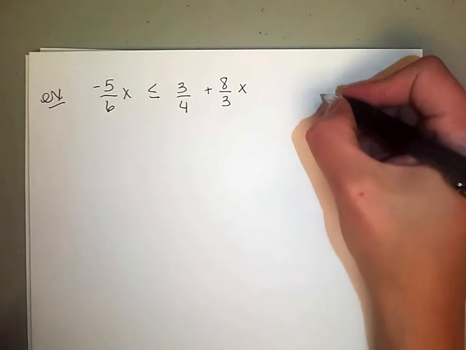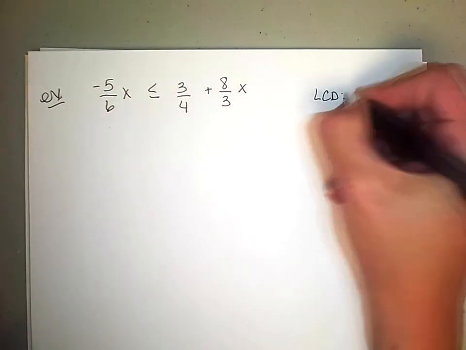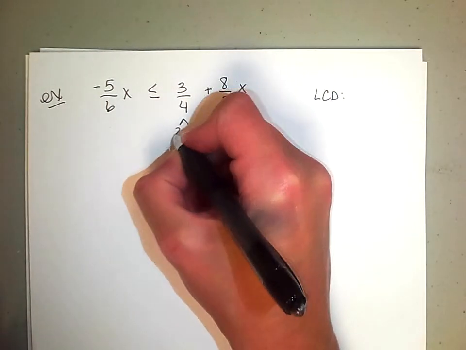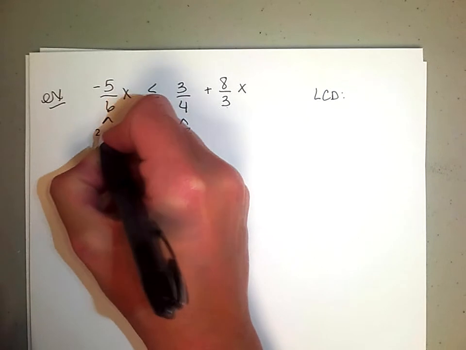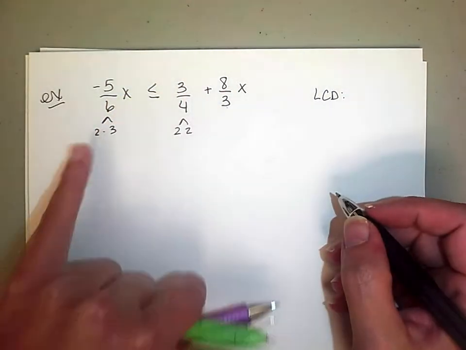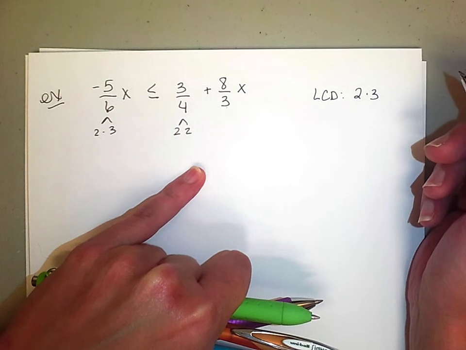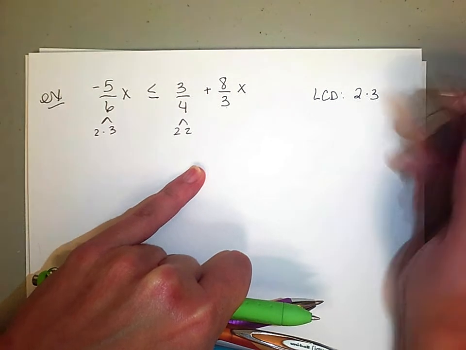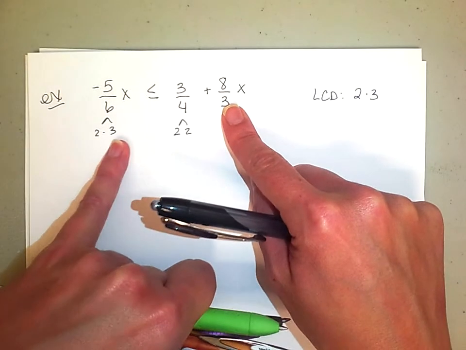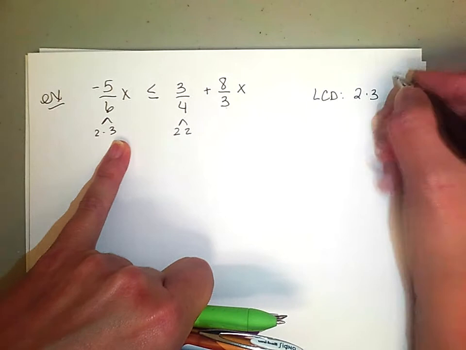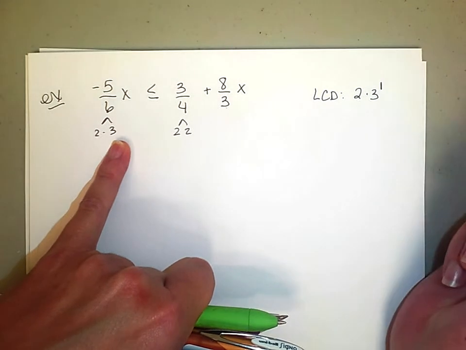So let's just get our least common denominator. This is 3, this is 2 and 2, this is 2 times 3. So all of my factors are again 2 times 3, and then I have to decide what power. So here's a 3 to the first power, and here's a 3 to the first power, so our least common denominator only needs a 3 to the first power.